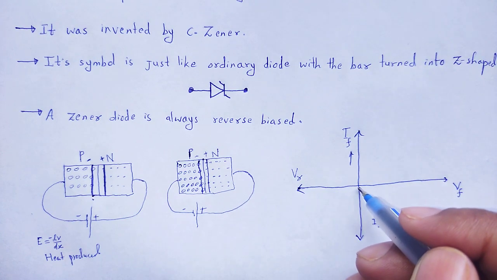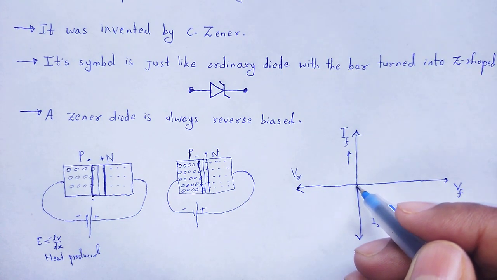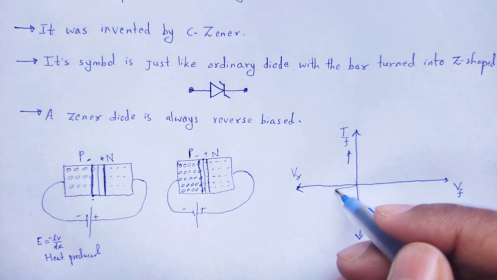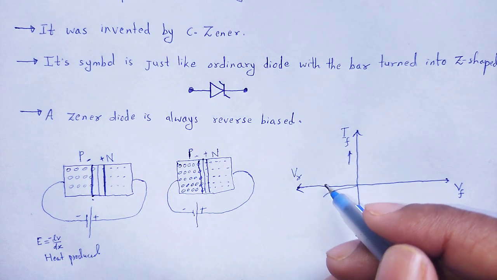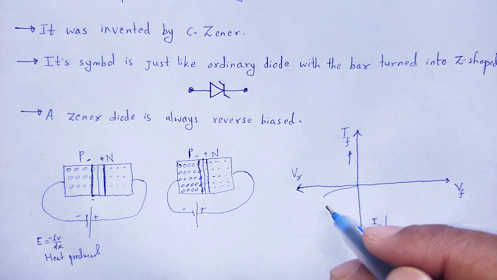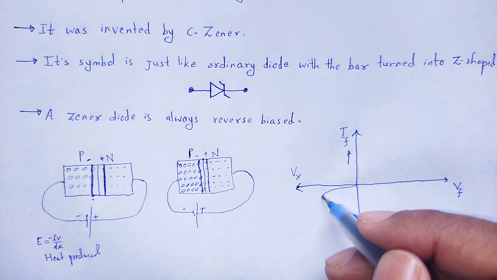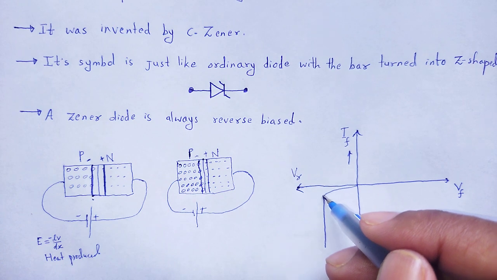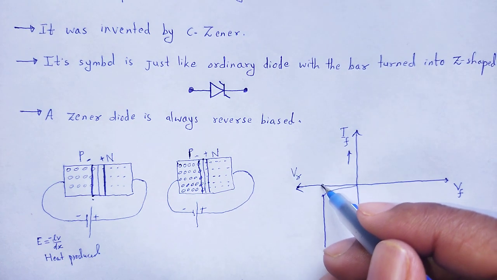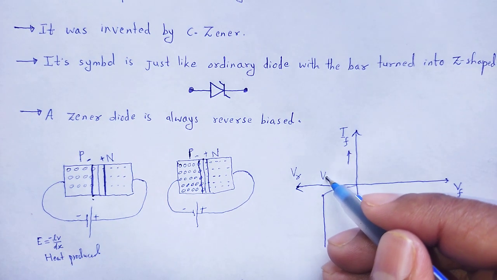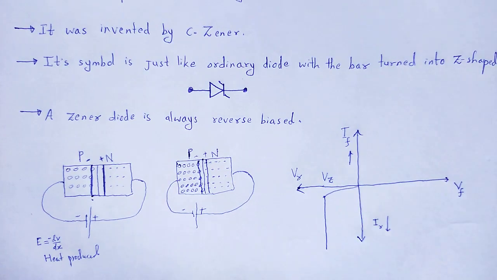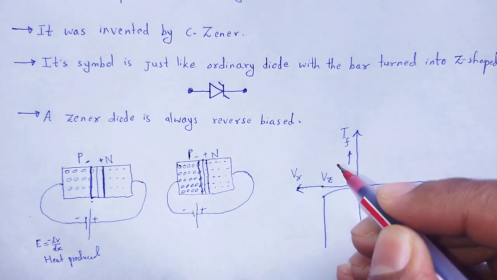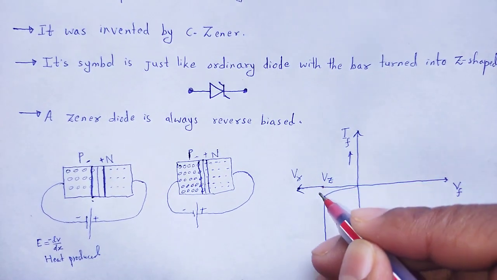In the reverse voltage, at a certain potential, suddenly the flow of current increases, and that potential is known as the breakdown potential, that is known as the breakdown voltage.